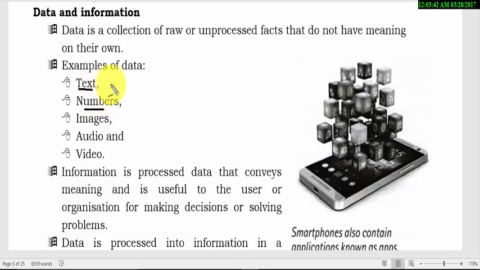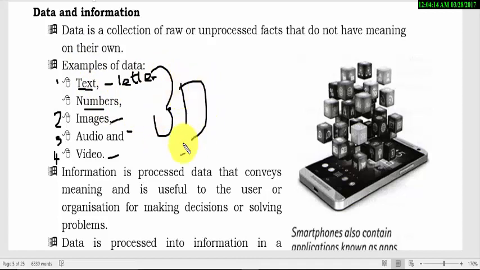Text maybe here should be letters, so that you are able to understand nicely. Then we have images, video, and audio. So this is 1, this is 2, this is 3, this is 4. But text and numbers have been split.